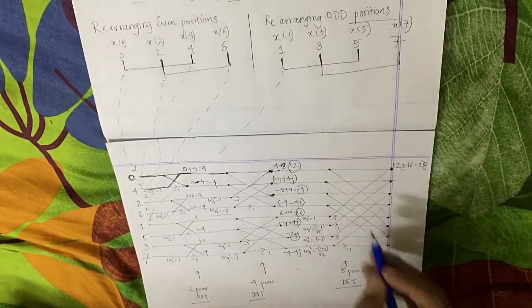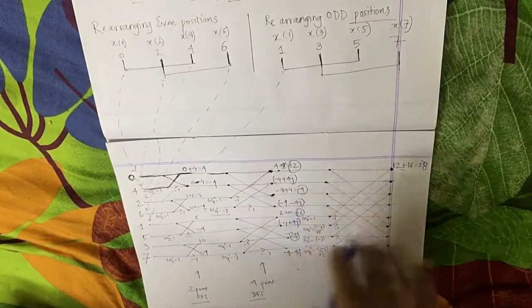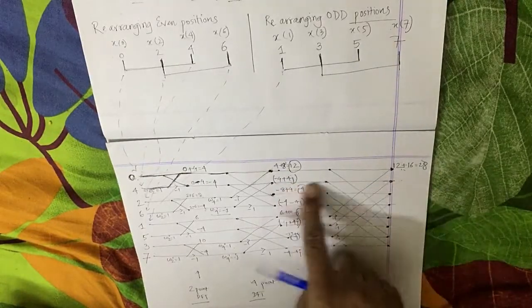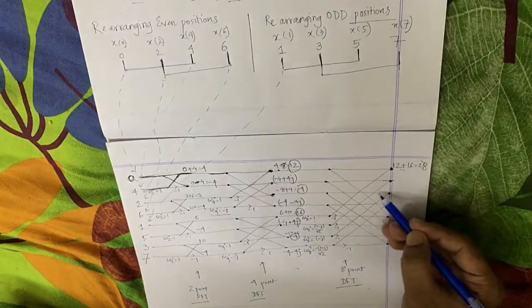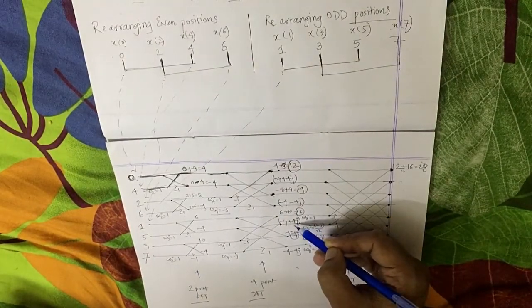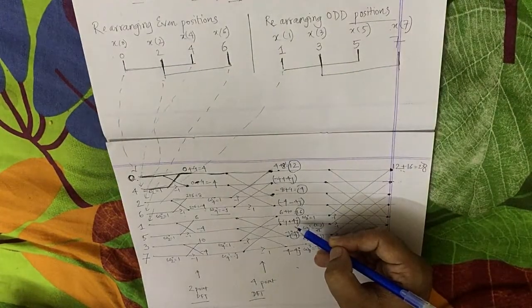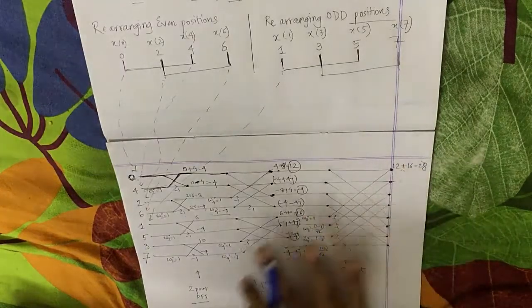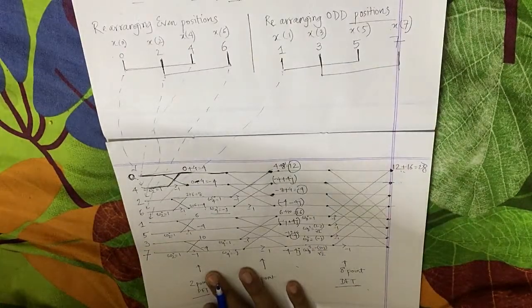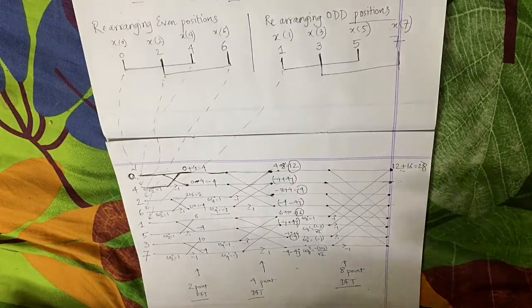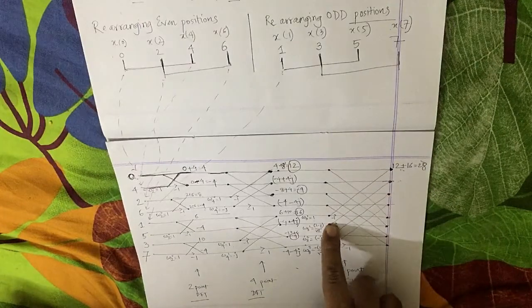What about this one? From the straight path, and from the curved path we have a value of -4 plus 4j. So that gives us a value of how much? Can you tell what is the value in this case? This is the line we are talking about.